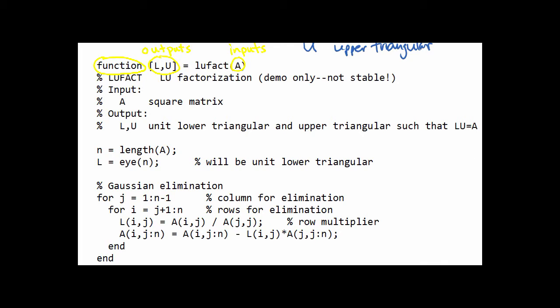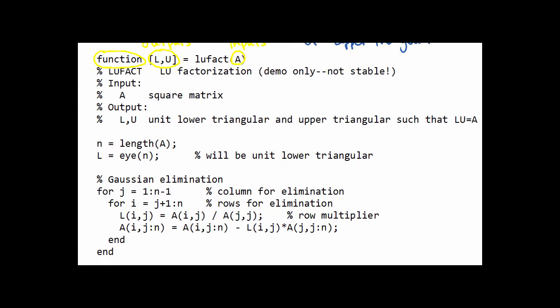So what this says is that when this function LUFact is called, A will be provided by whoever is calling it. So the matrix that we call A in this function was provided to us from outside. Once we're done, A disappears. It's only a local definition of A. It's called variable scoping. Meanwhile, we will construct two matrices, L and U, which will then be returned to whoever called us to do with whatever they please.